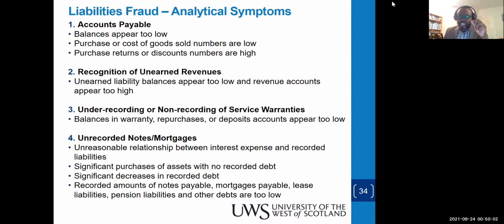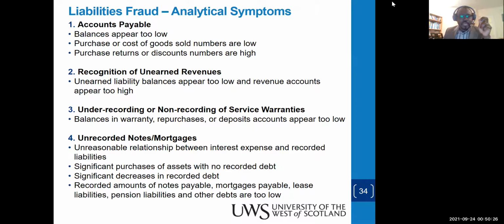Purchase returns or discounts on purchases are too high, question it. Okay. When unearned liability balances appear to be too low, but revenue accounts appear to be too high, question it. They may be throwing some unearned revenue into revenue. When balances in warranties, repurchase, or deposits are too low, question it. Okay, they may be understating it.